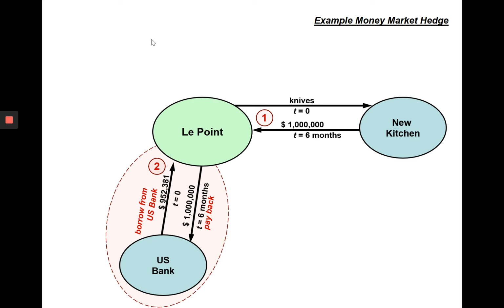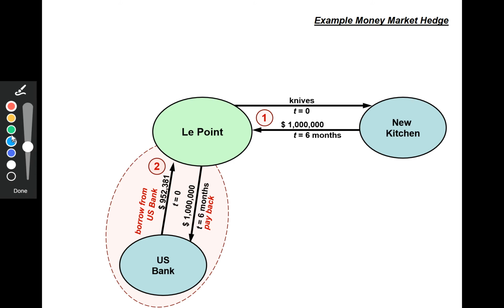Then LaPointe goes to an American bank and borrows money, something that they would receive today. They borrow $952,381 at time 0, and in 6 months they would pay back $1 million.